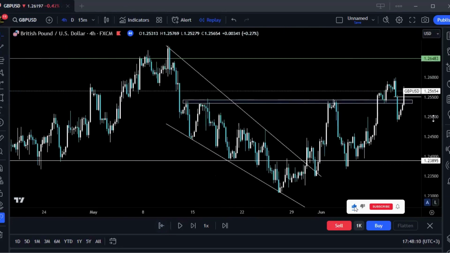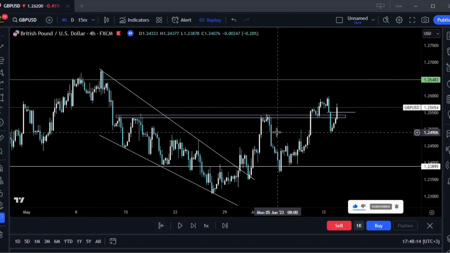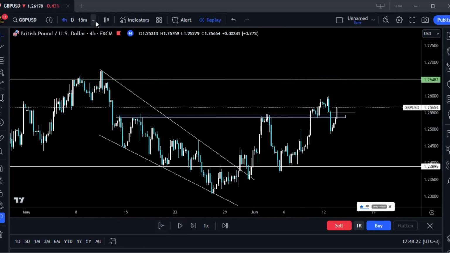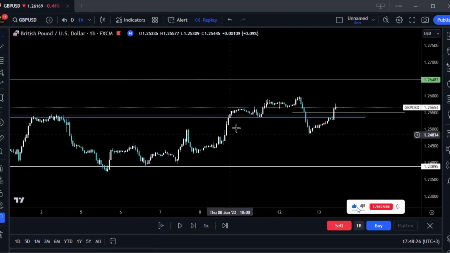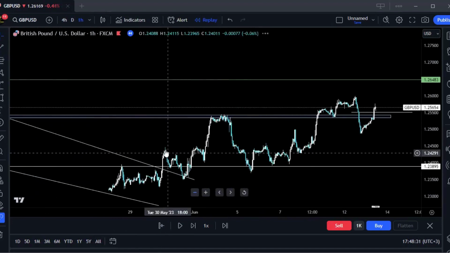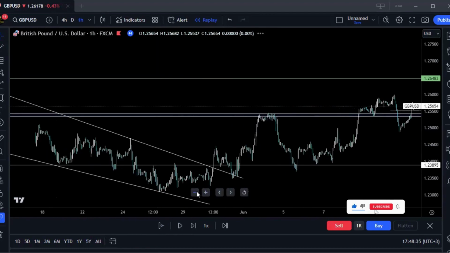should have probably been looking for continuations of the buy trend. Looking if this will actually correlate with some kind of structure on the 1 hour. See how it fits there, and on this previous structure back here.